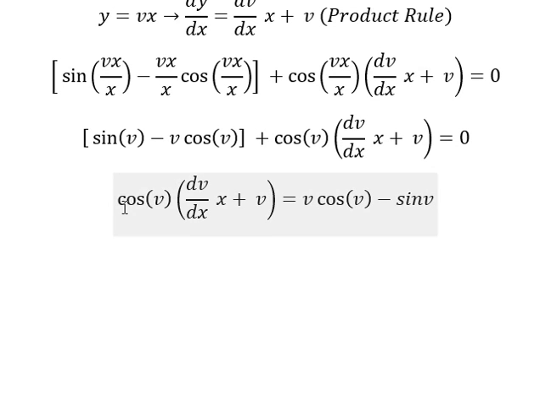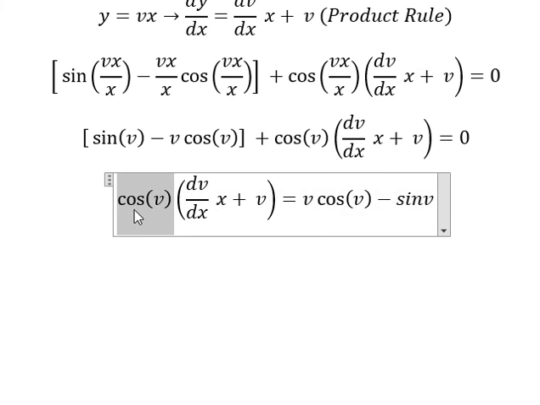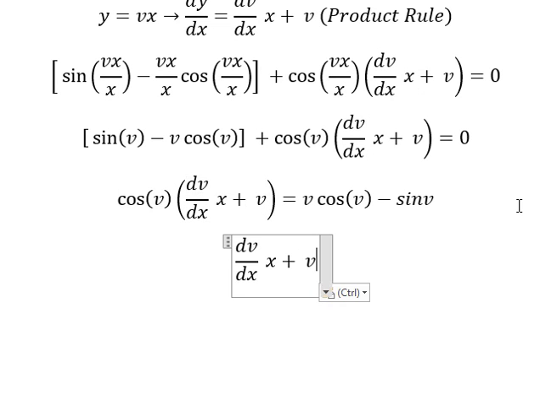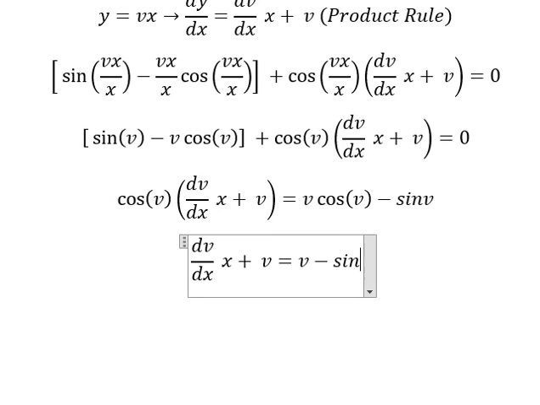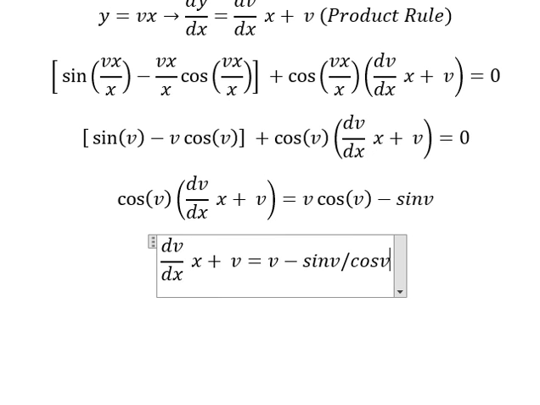Later, we divide both sides by cosine v. So this one we have 1. This one we have sine v over cosine v.